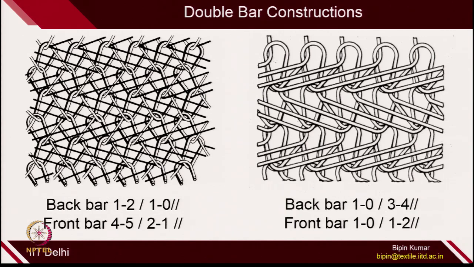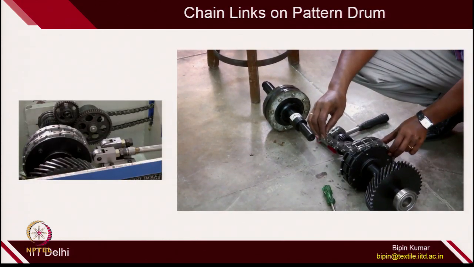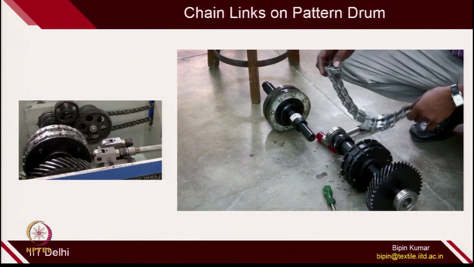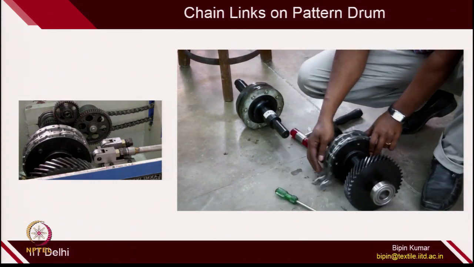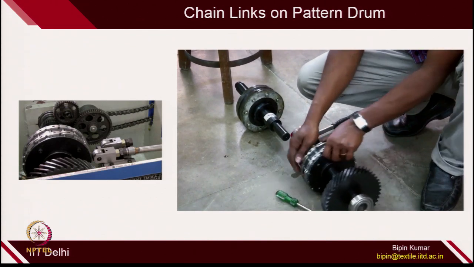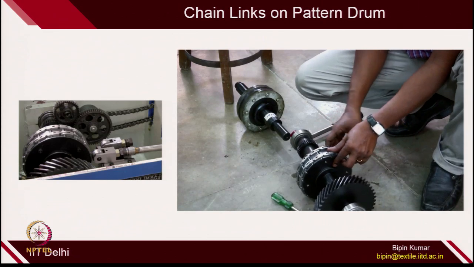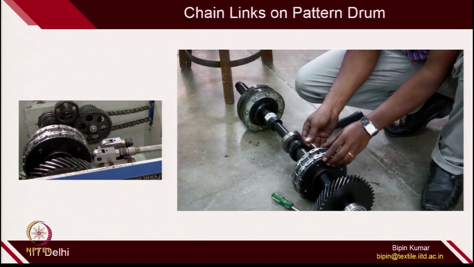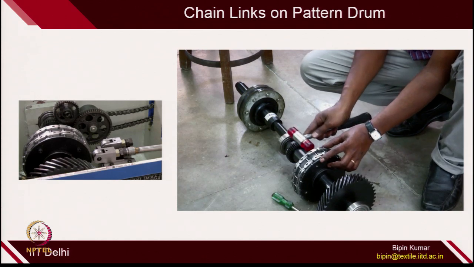There are different possibilities of double bar constructions, and once you have the sequence for each individual bar, you can fix it on the machine on the pattern drum, and then you can go for fabric production. Now, let us see a very simple example of how you can combine the sequences of a double bar construction.